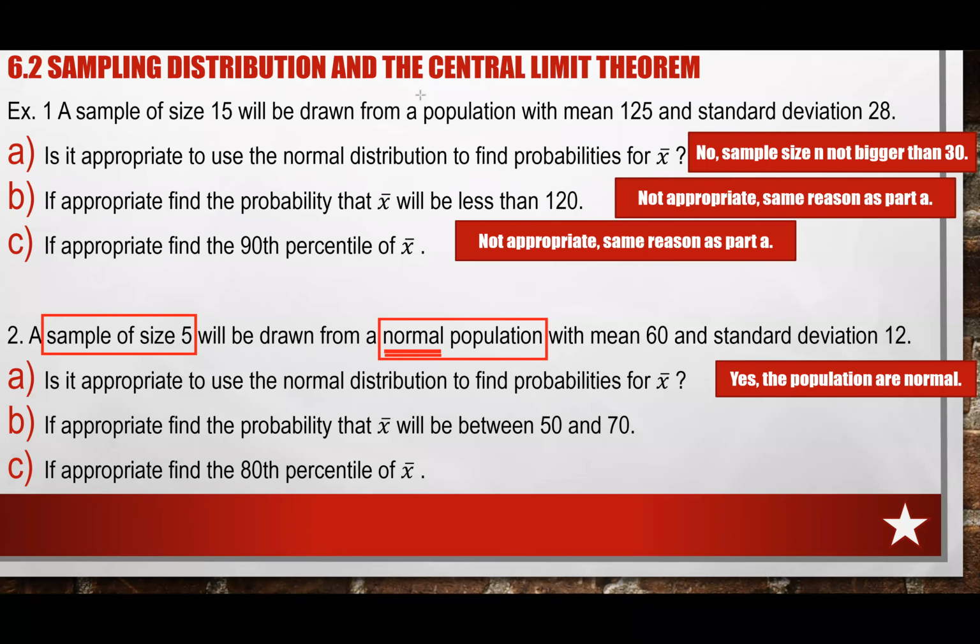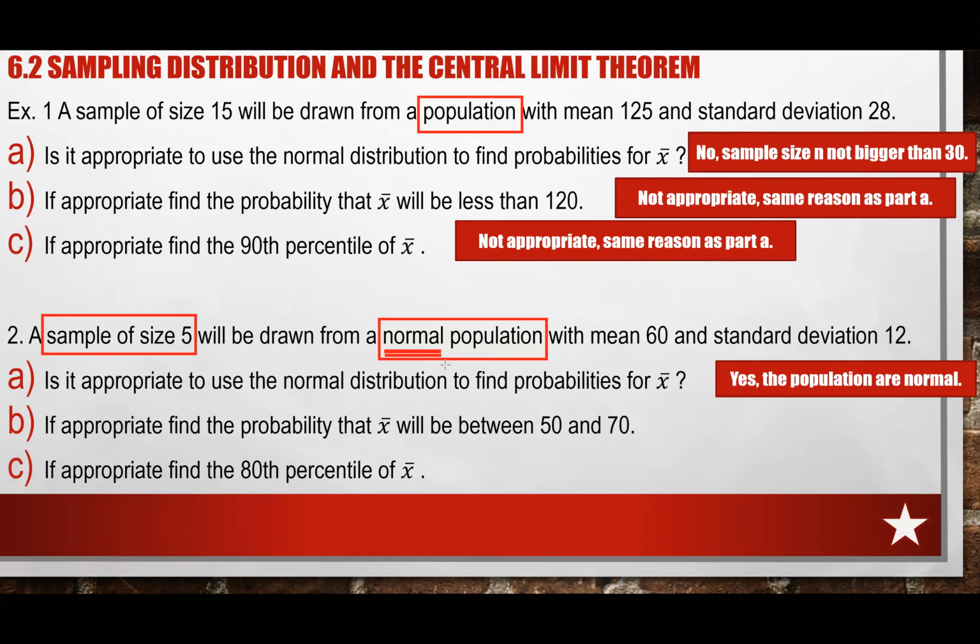Up here, they did not mention anything about the population. They just say that I have this population and I took out 15 of them. Because I don't know what kind of population this is, it can be skewed to the left, skewed to the right, a reverse bell-shaped curve, anything. They did not tell me, right?